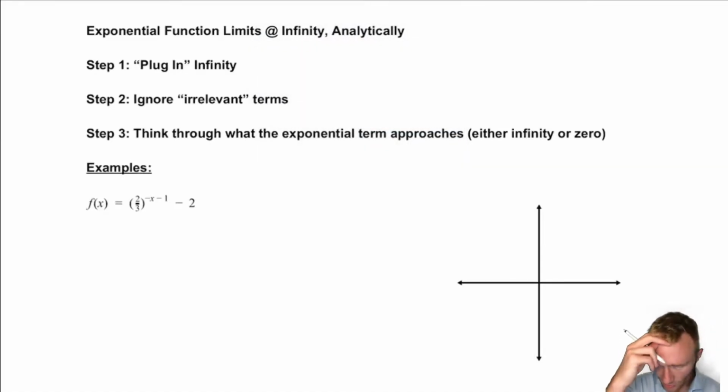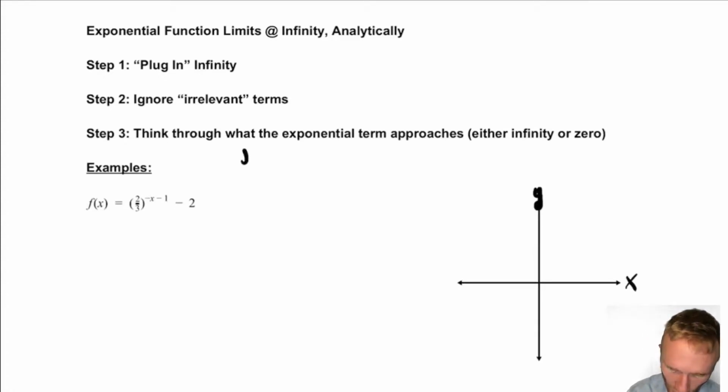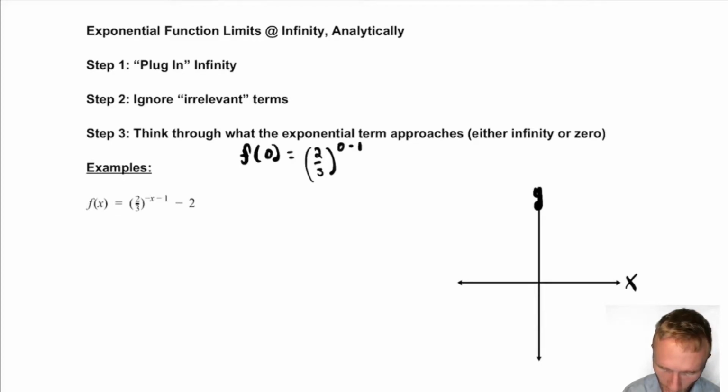We'll start out by just reminding ourselves of how these fractions and exponents work by plugging in 0 to find the y-intercept, meaning we're going to find where this graph crosses the y-axis. I'll do this part up here. If we had f of 0, I'm looking for (2/3)^(-x-1). So we have -0, that's just 0, minus 1, all of that minus 2.